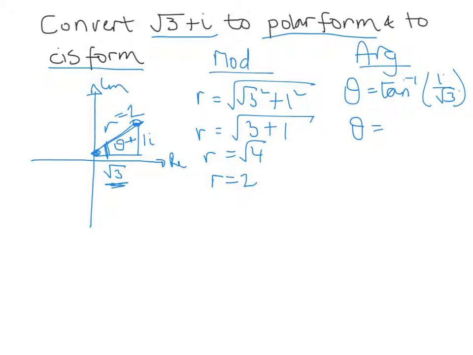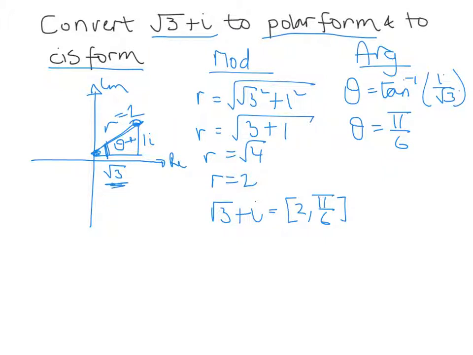So inverse tan of 1 over root 3 is pi over 6. So we could write root 3 plus i is equal to 2, pi over 6.